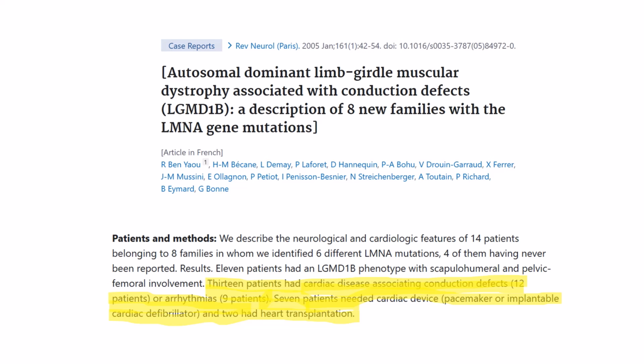And heart involvement and particularly conduction defects are very common in this type of muscular dystrophy. The primary risk to a person's life is if their heart goes into arrhythmia. So very often they are given either a pacemaker or a defibrillator to control this.